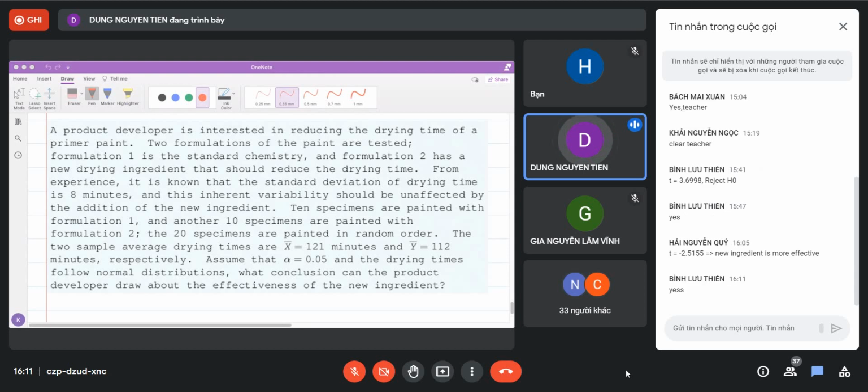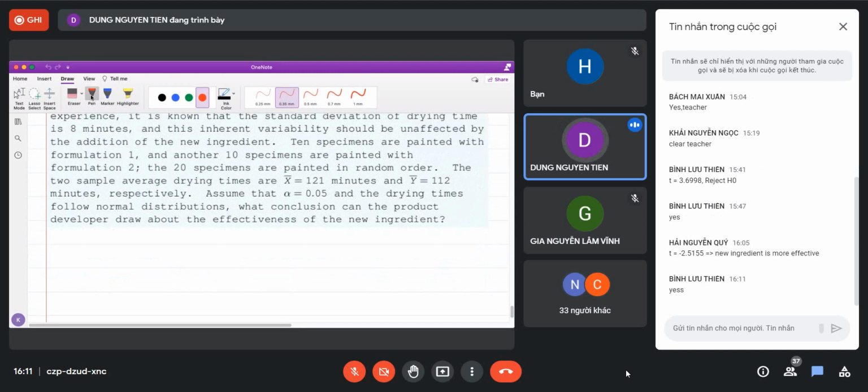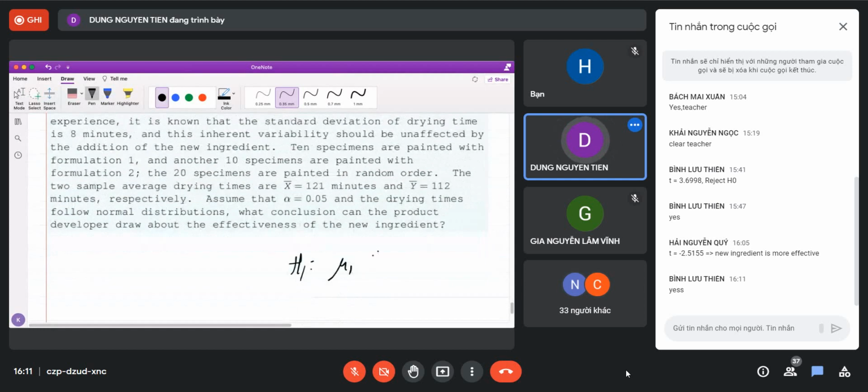Okay. Let's consider this example. You want to test the hypothesis that adding in a new ingredient will reduce the drying time. So H1 is that mu1 is greater than mu2, right?